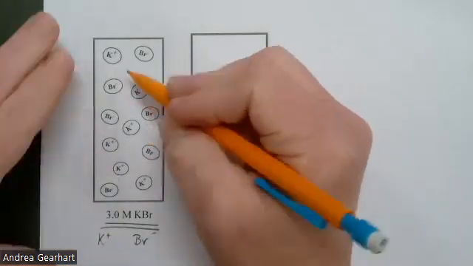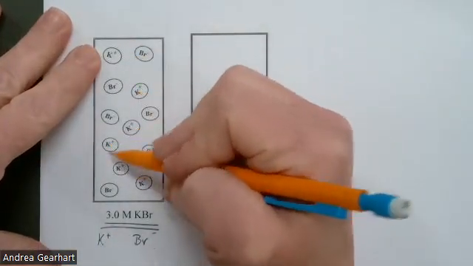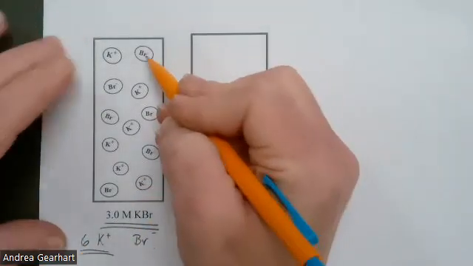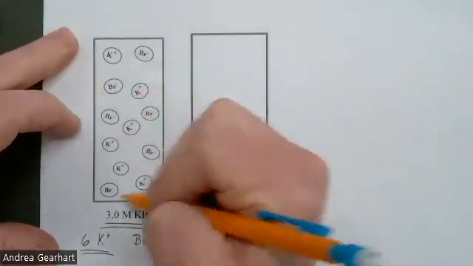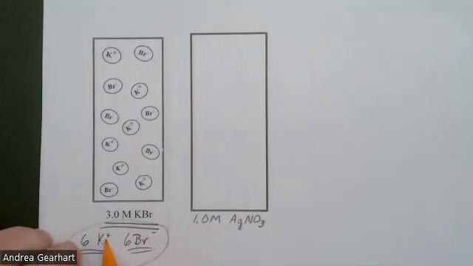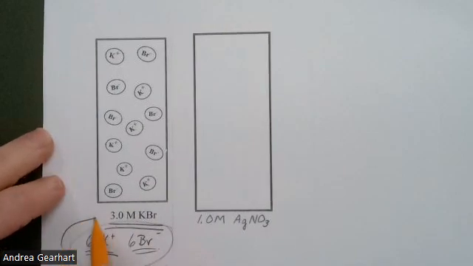All right. So I have 1, 2, 3, 4, 5, 6 potassium ions. So we should have 6 bromide. 2, 4, 6. So 6 cations and 6 anions are representing a 3-molar.